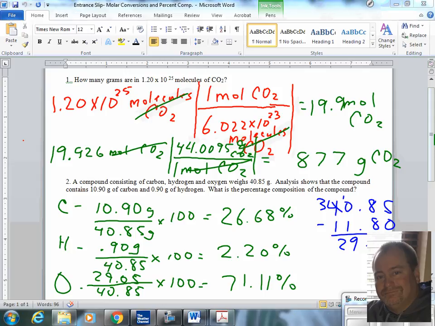Like I said, it's not going to be exactly, but it should be very, very close to 100. If I would get a value of like 90, I'd say, whoa, let me go back. Something must be amiss. Any other questions for me on percent comp?